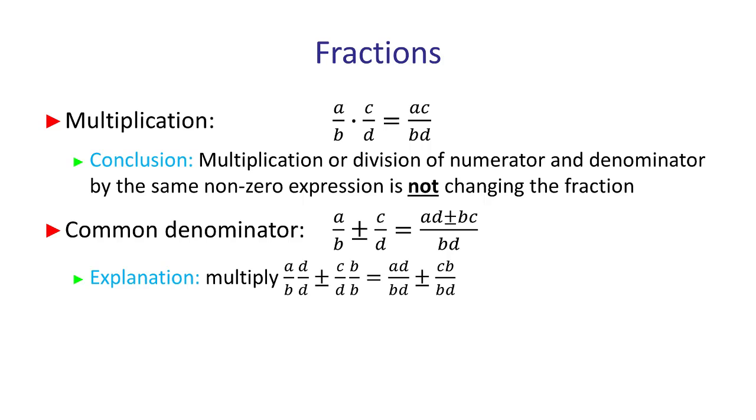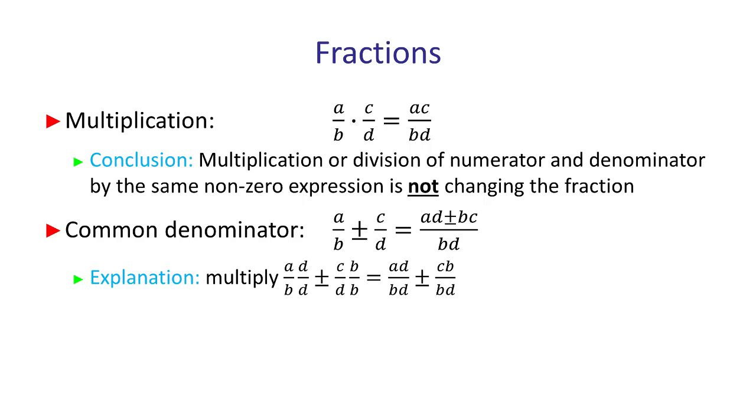The second rule is the rule of common denominator. This rule says that a over b plus or minus c over d equals (ad plus or minus bc) divided by bd. This is the common denominator rule, and the explanation for that is very simple.